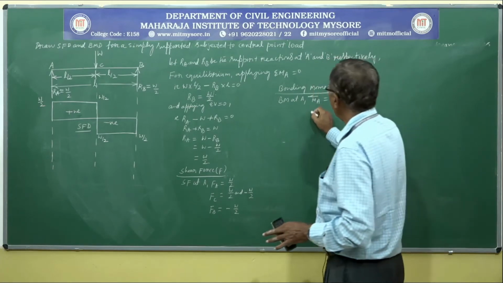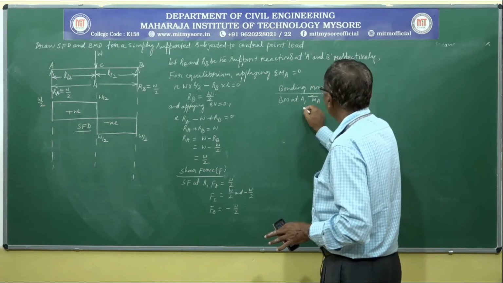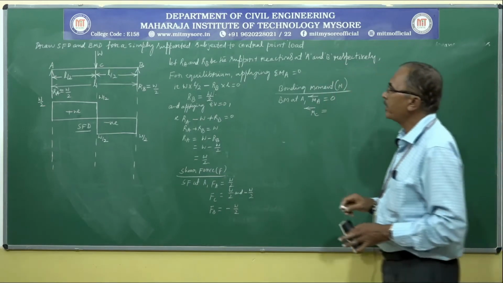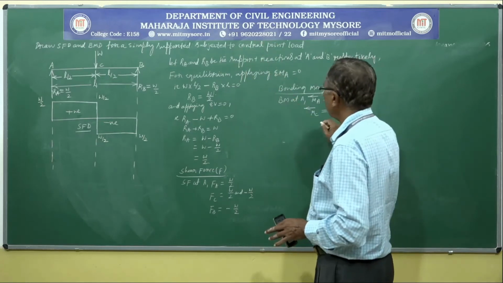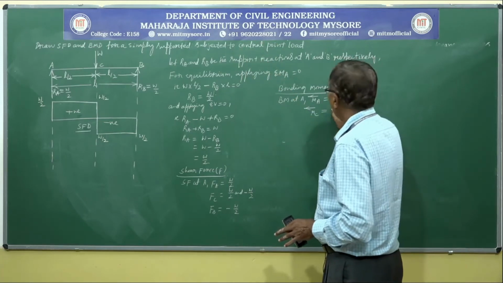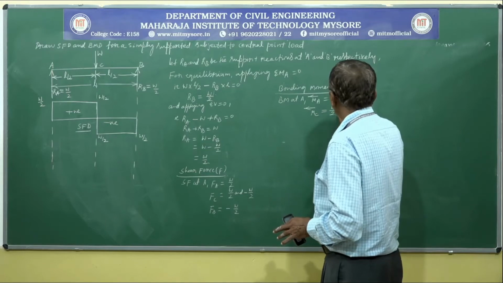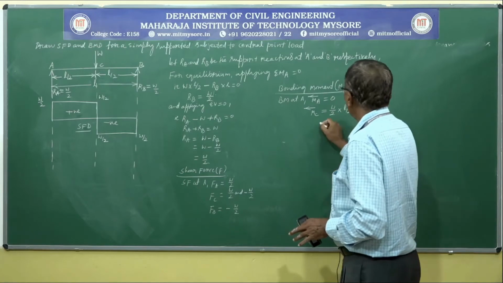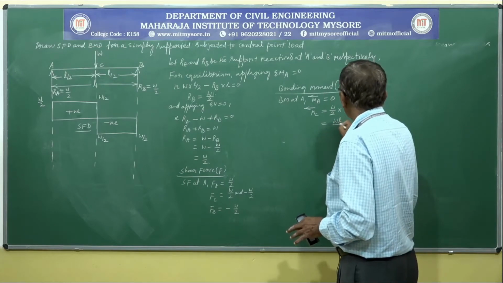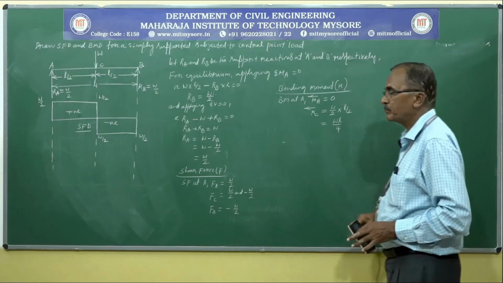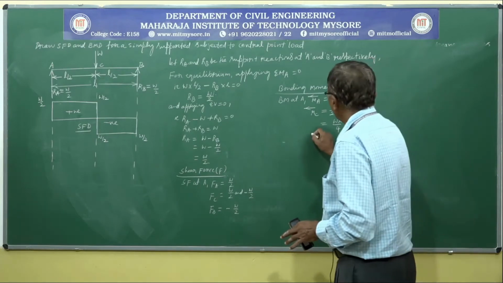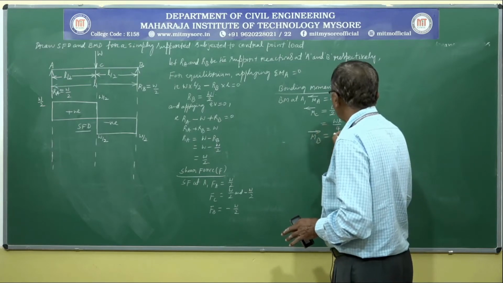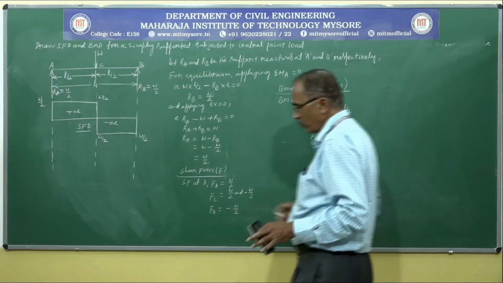Next, bending moment at point C, MC, if you consider the left hand side, reaction will create a clockwise moment and W will not create any moment about point C. W by 2 into L by 2, that is equal to WL by 4. Lastly, bending moment at point B, MB, by considering forces on the right hand side, no forces, no bending moment, 0.